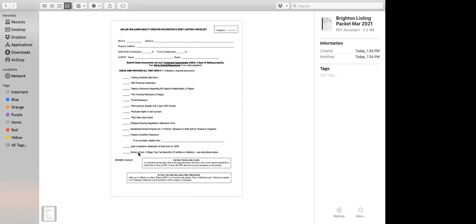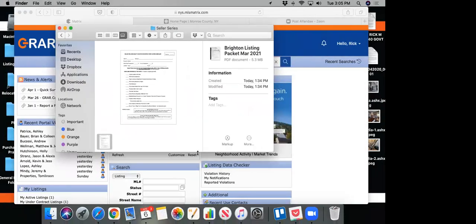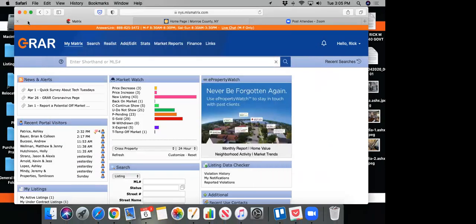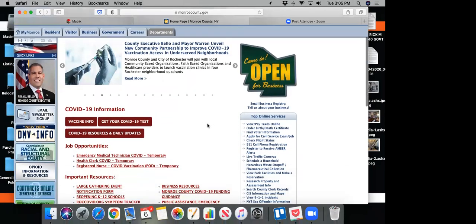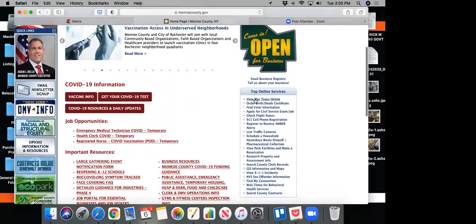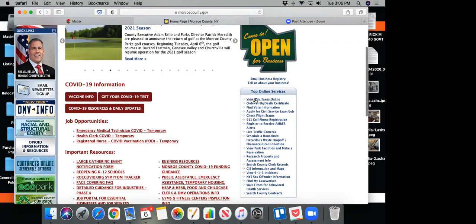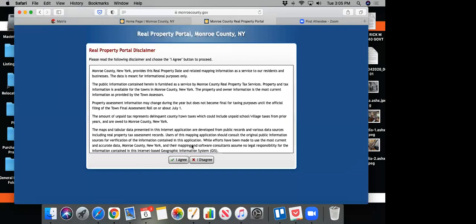Where you go to get that is monroecounty.gov. On the right-hand side of monroecounty.gov, are you guys able to see this screen right here? Here it says view and pay taxes. We'll click that.